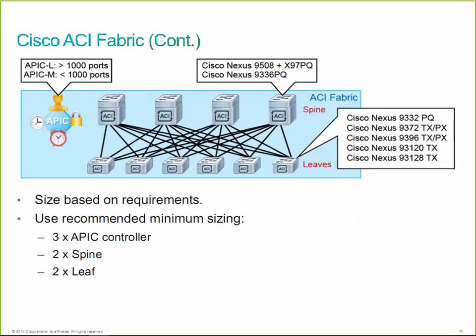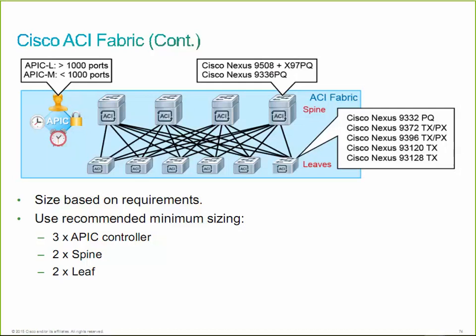And then every leaf node, regardless of however many leaf nodes you have, every single leaf node should be connected to every single spine node. Not just 2, because that would be kind of our traditional 3-layer architecture that we saw in a network-centric design, right? Where we have an access layer, distribution layer, and a core layer.